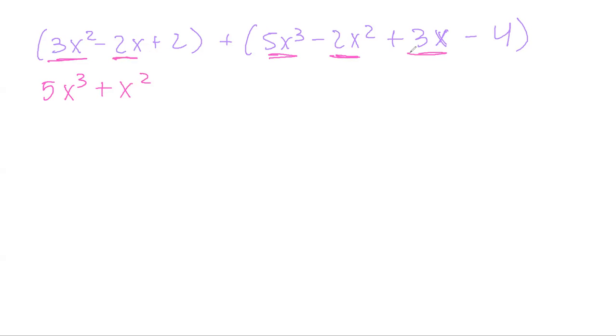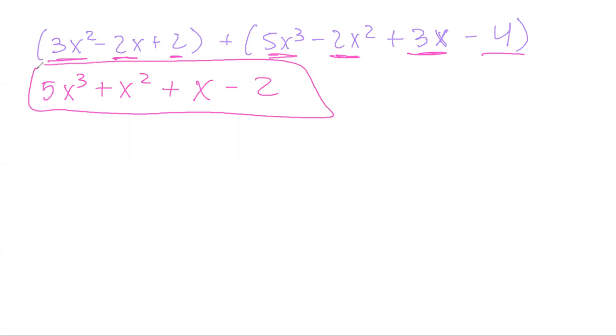Negative 2x plus 3x, that's just plus x. And then 2 minus 4, and that's just minus 2. I forgot to cross these out along the way, but perhaps that's something that you guys can get in the habit of as well.